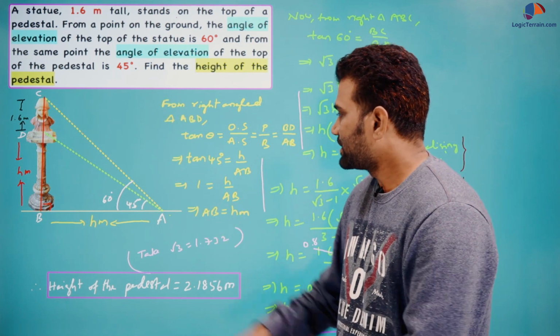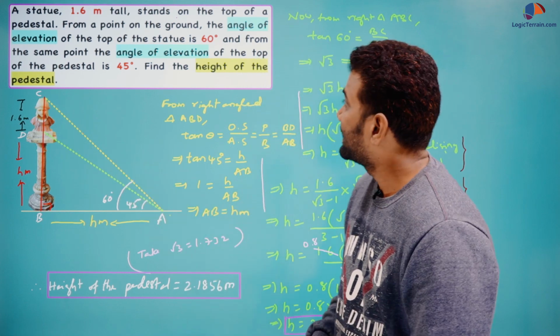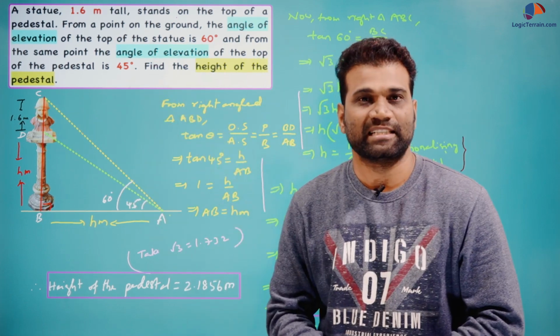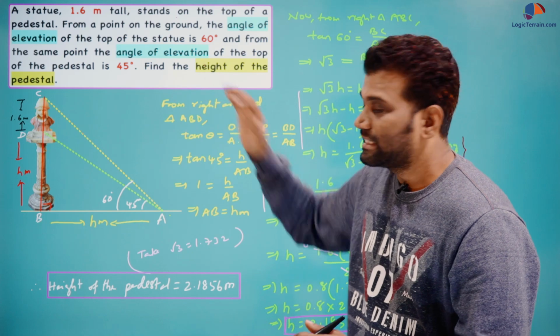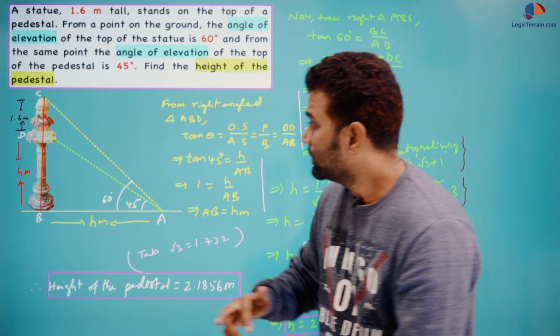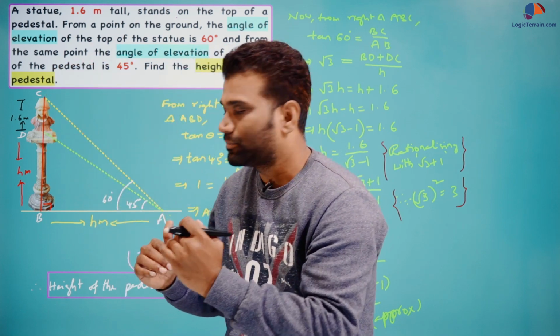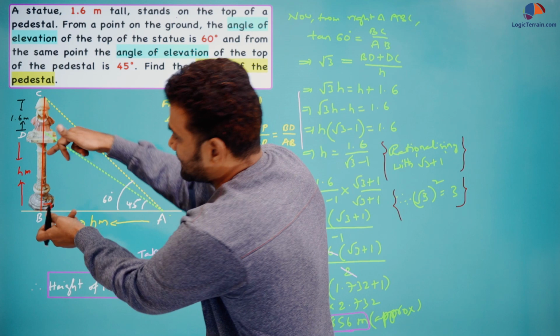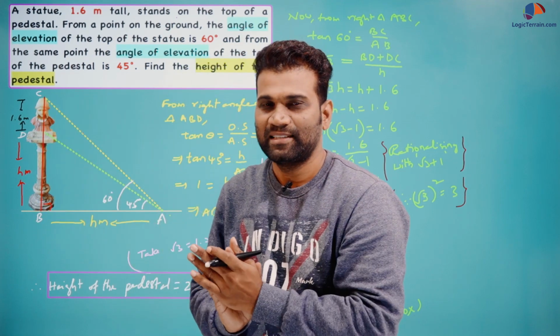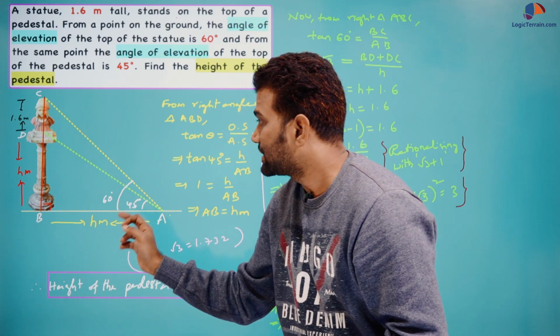So from this point, if you see the top of the statue and the top of the pedestal, they make angles 60 degrees and 45 degrees, right? So by using this information, we need to find the height of the pedestal. In the previous problem, we derived this length. Now in this problem, we are going to derive this length, the bottom part, right? But the scenario is the same. Again, we have two right angle triangles.